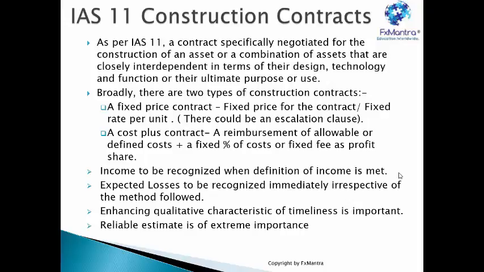So the fixed price could no longer be beneficial for the one who is doing the construction. This is the reason they often have an escalation clause for the construction contracts, that in case, for example, I'm building a bridge, so if the cement price changes, then accordingly my fixed price will also change. This is very important to protect the contractor.